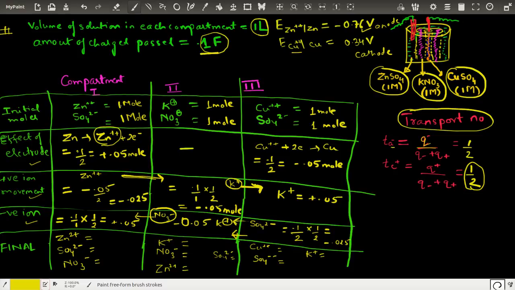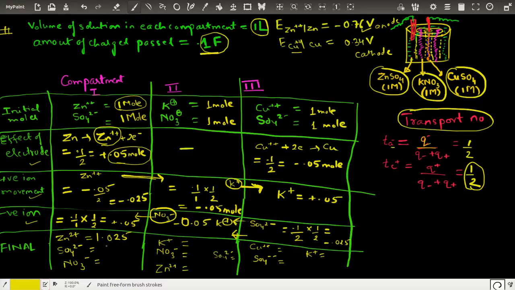Understand, initially 1 mole of zinc 2 plus ions were there, out of which 0.025 has migrated, but effectively how much was formed? 0.05. So out of 0.05, 0.025 has been transferred. So effectively the zinc concentration in the first compartment would be 1.025, because 0.025 has migrated, but still 0.025 has remained.